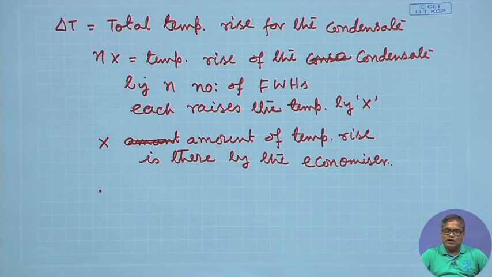Each of the feed water heater will give x degree of temperature rise, and then economizer will also give x degree of temperature rise. So, assuming this as a thumb rule, one can determine the pressures at which steam can be extracted. So, the end points from where the steam will be extracted, by using this thumb rule, one can determine that pressure.